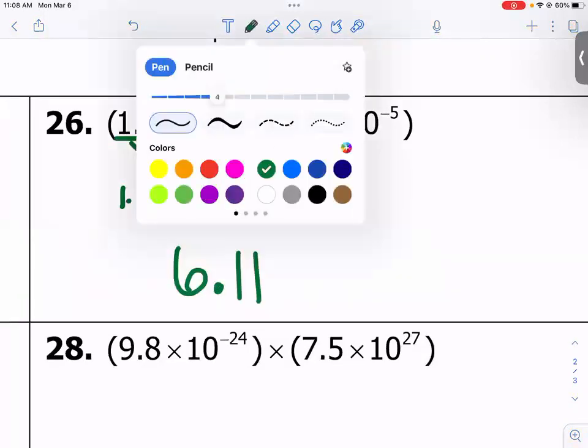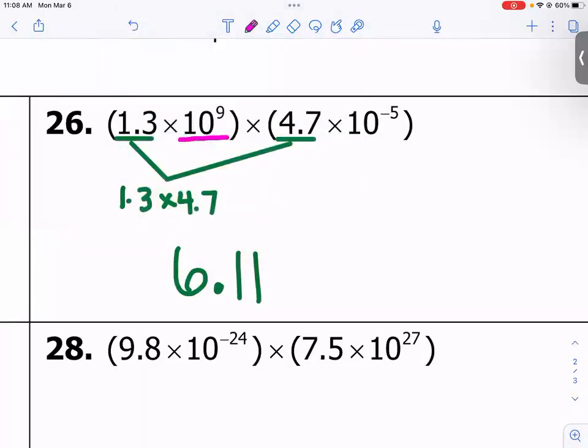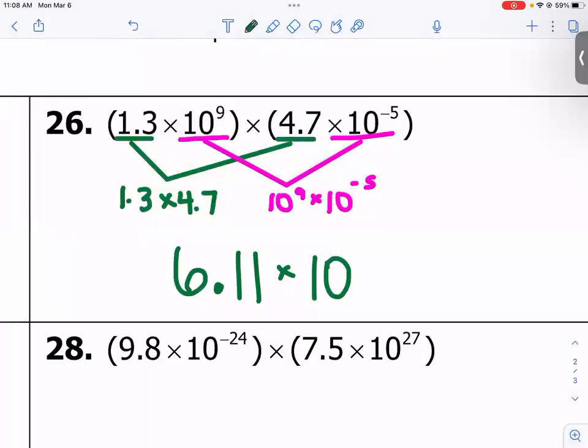Okay. Then we're going to take 10 to the 9th times 10 to the negative 5th. When we add our exponents, what's 9 plus negative 5? 4.